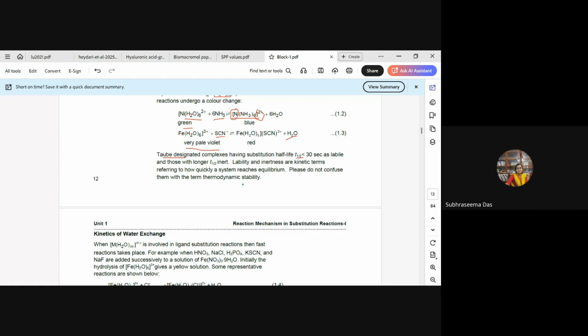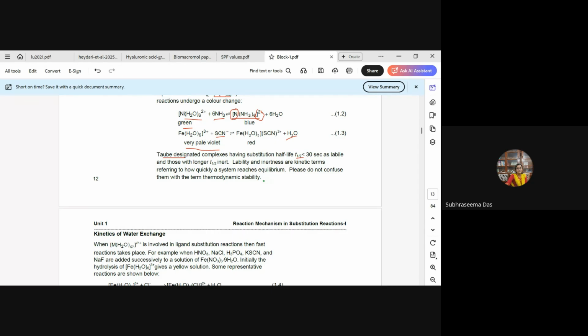So as per this scientist, when the t half of this substitution type reaction is less than 30 seconds, such complexes are called labile complexes, and the complexes where the t half is greater than 30 seconds are called inert.